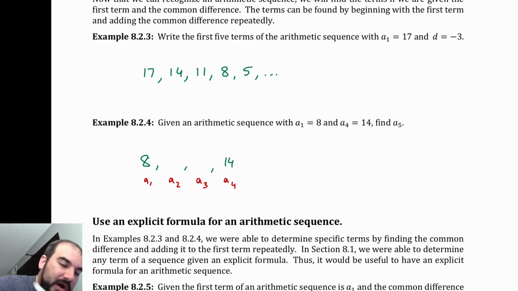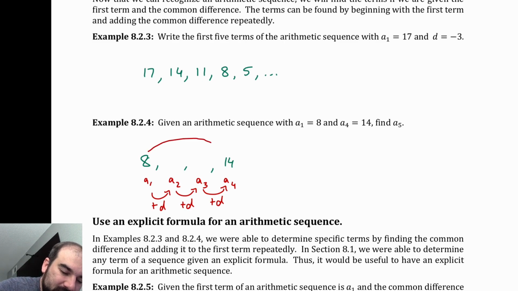Now, to go from A1 to A4, we're adding the common difference, right? We go from A1 to A2, we add the common difference D. So to go from A1 to A2, we do A plus D. To go from A2 to A3, we do A plus D. We go from A3 to A4, we do A plus D. So if I wanted to skip all of that to go from A1 to A4, how many times am I adding that common difference?